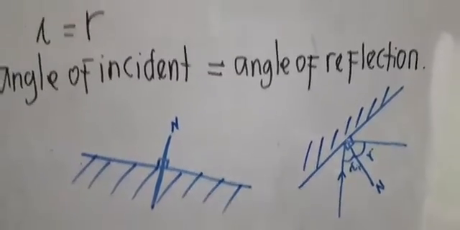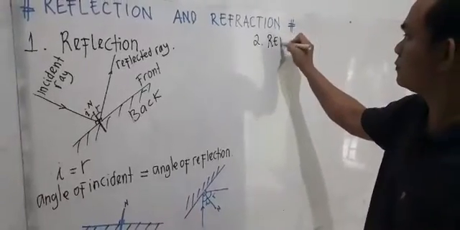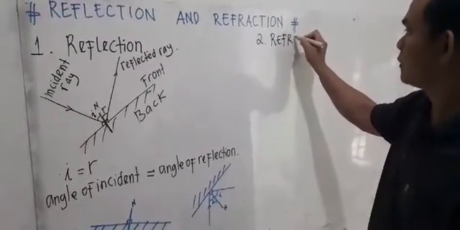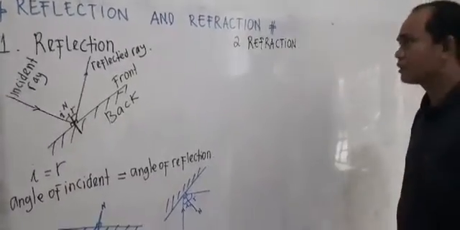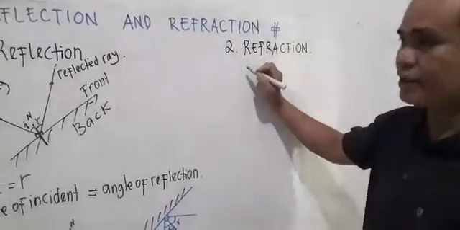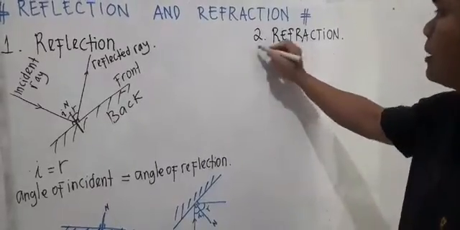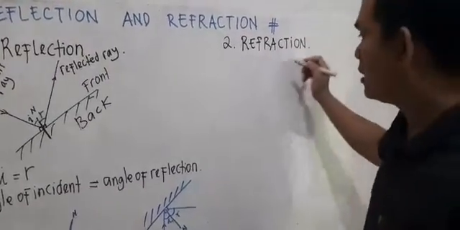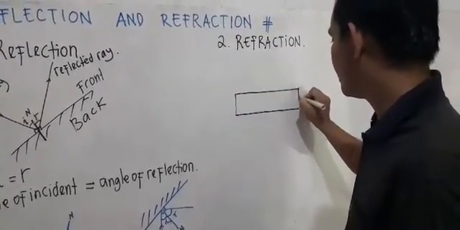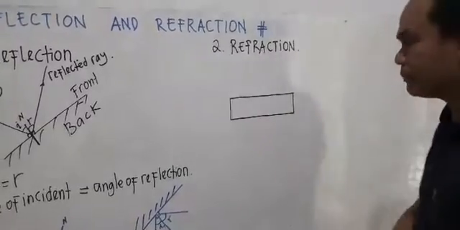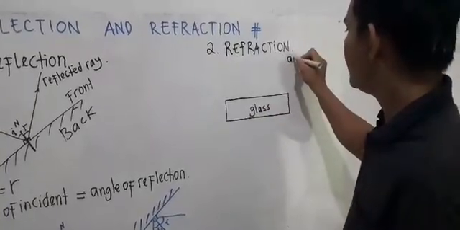Number 2, refraction. What is refraction? Refraction of light is the bending of light. I told you that refraction is the bending of light that comes through the surface or through a different medium, like glass and air.